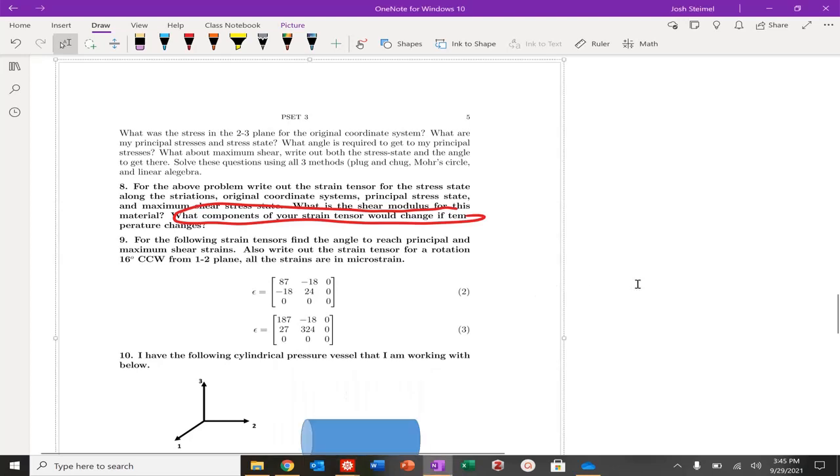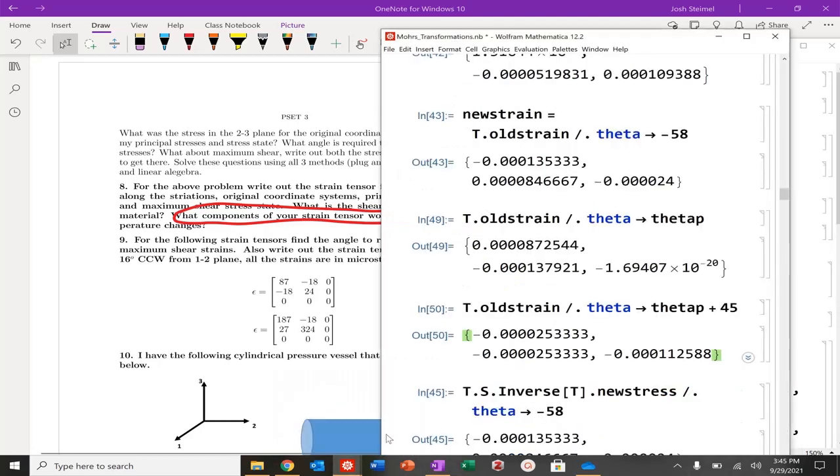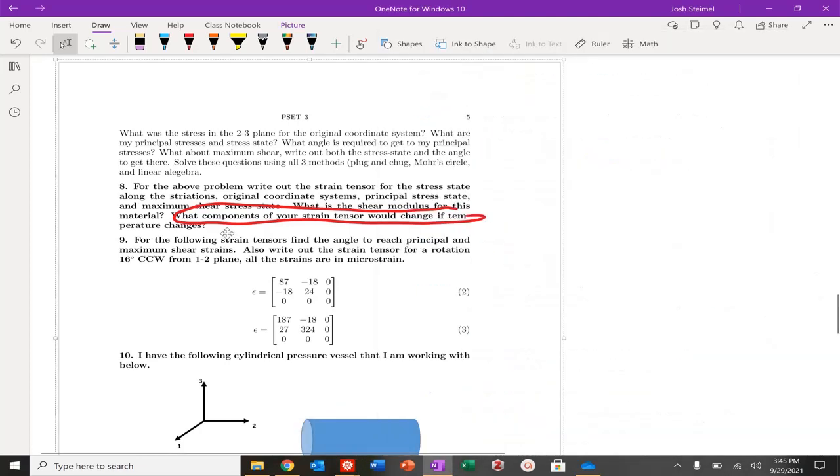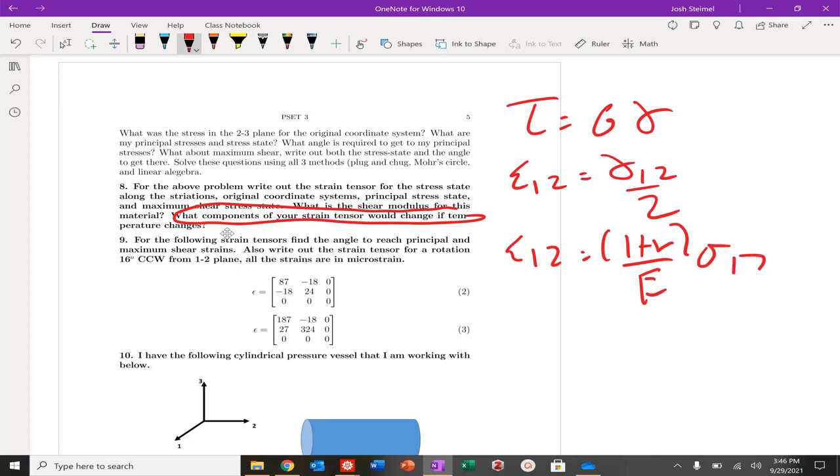So we know our relationship for the shear modulus. Let's go ahead and write this down if I can find my pen. So I know that tau equals G gamma. I also know that my epsilon 1,2 equals gamma 1,2 over 2. And I also know my relationship that epsilon 1,2 is equal to 1 plus nu over E times sigma 1,2.